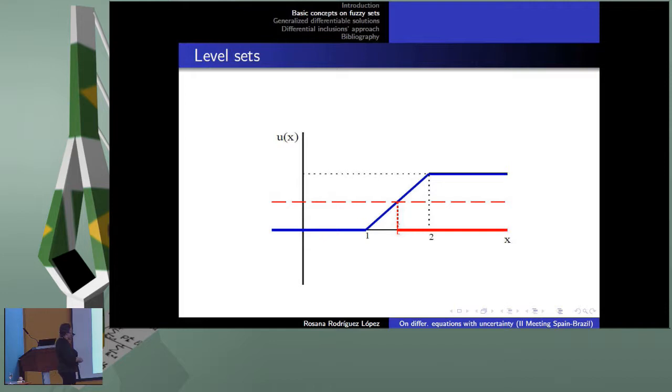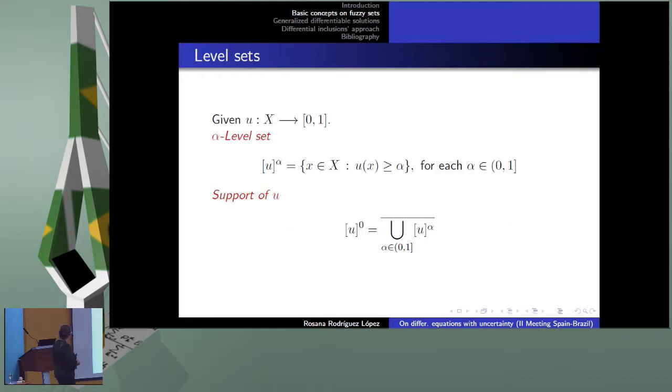But when you are considering a differential equation over this kind of elements, and you want to compute, you need to pass to what is called the level sets of the element. In this example I have drawn here for the beginning, it's not a good example because you see that the interval where the function takes values greater or equal than a certain alpha is not bounded. So we want to work with the endpoints of these intervals, and we need to restrict the type of functions used to define these differential equations.